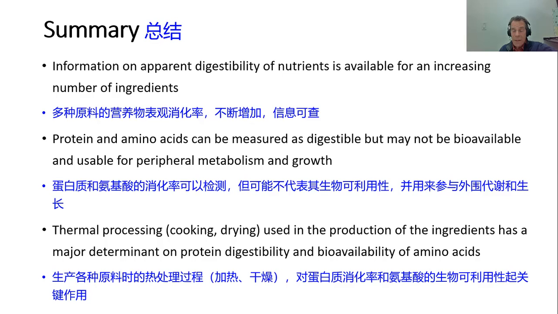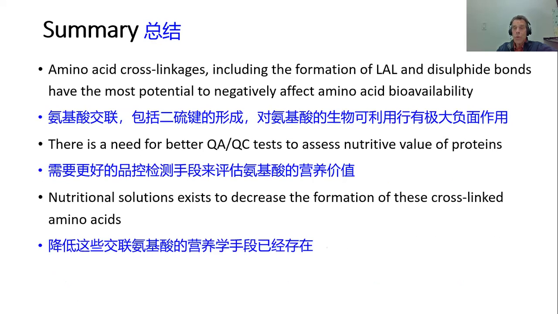Thermal processing, which is used in the production of many feed ingredients, has a major impact on protein digestibility and especially bioavailability of amino acids. We have to be very careful about this. And we need techniques in order to assess those. And we think that the measurement of cross-linked amino acids or of disulfide bonds using, for example, Raman spectrophotometry can be extremely useful.